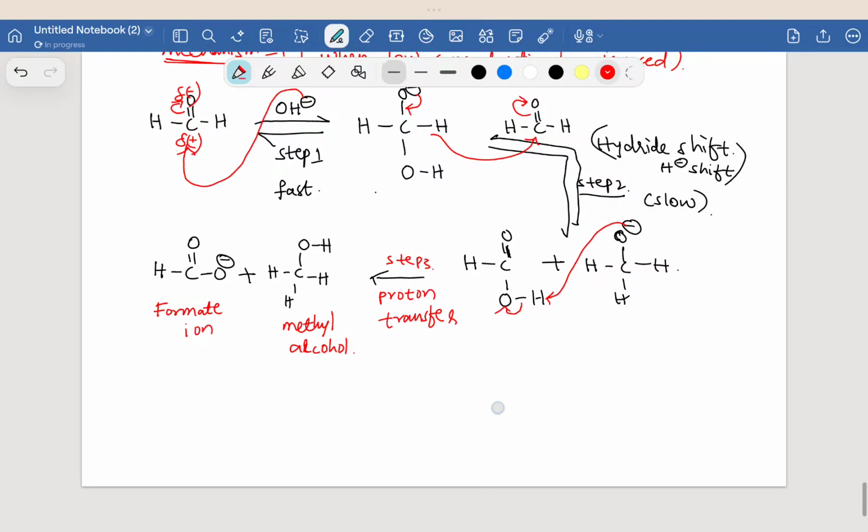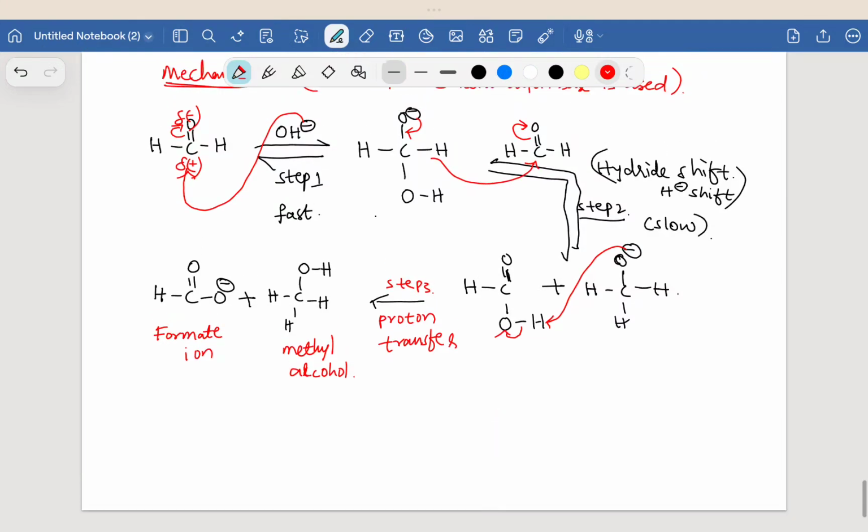And next, in this, step 2 is the slowest step, right? So if we write the rate determining step, rate depends on two aldehydes, what we have taken here, formaldehydes, two aldehydes HCHO, then one base.